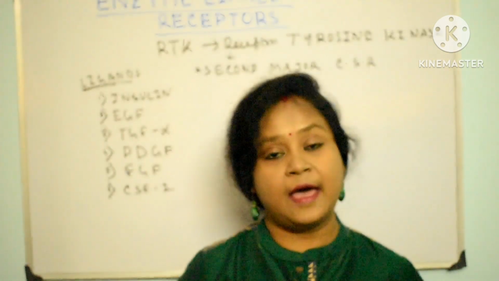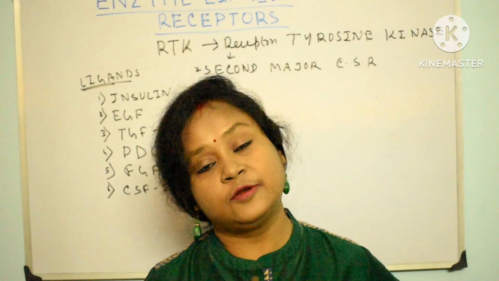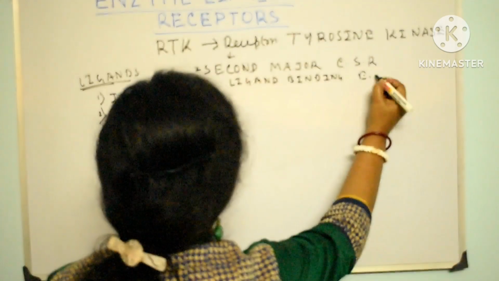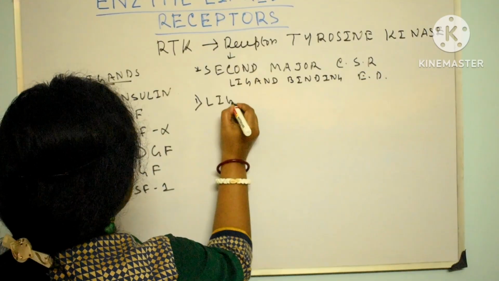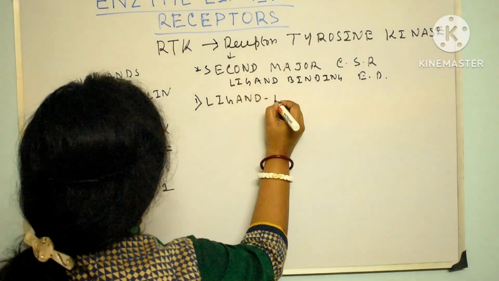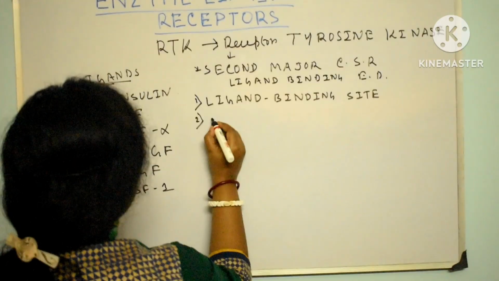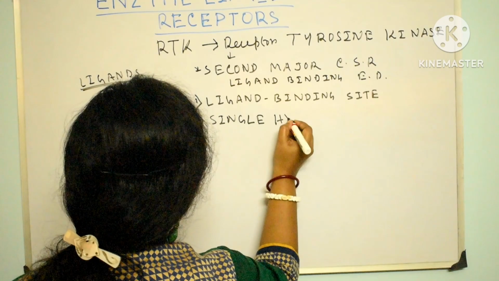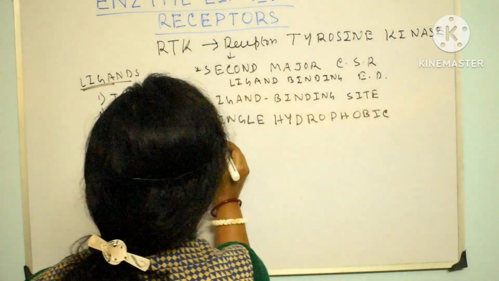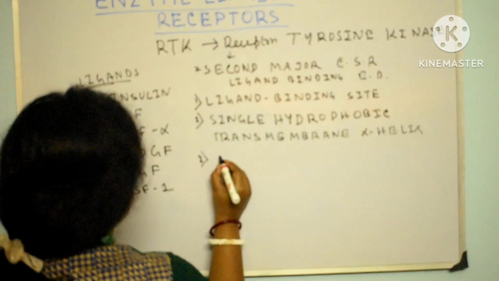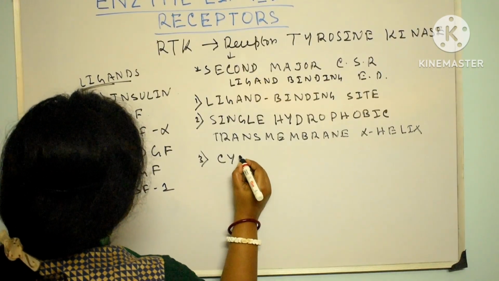Domains of RTK. All RTKs have an extracellular domain and a cytosolic domain. The extracellular domain has the ligand binding site, then a single hydrophobic transmembrane alpha helix, and then a cytosolic domain.